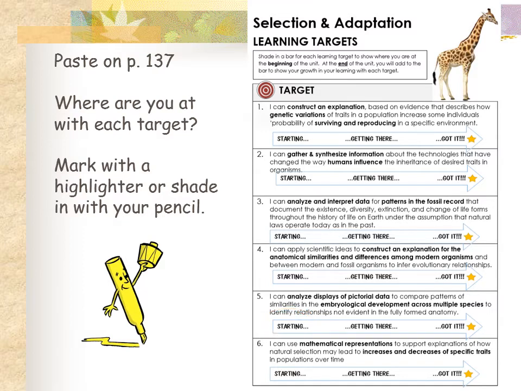And then finally, looking at how mathematical representations come into play that support how natural selection may lead to increases and decreases of specific traits in populations over time. So actually, you guys will learn this word, populations, today as well. So if you already know what a population is, you might be a little farther in getting there, but probably we're in the starting range.